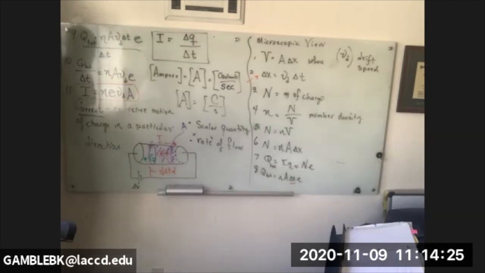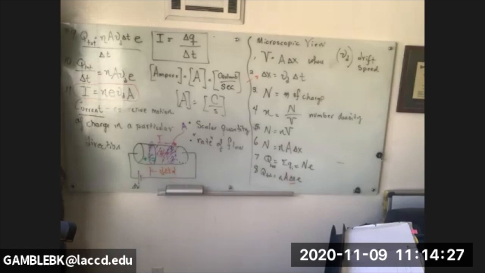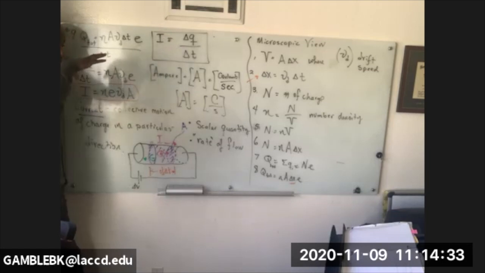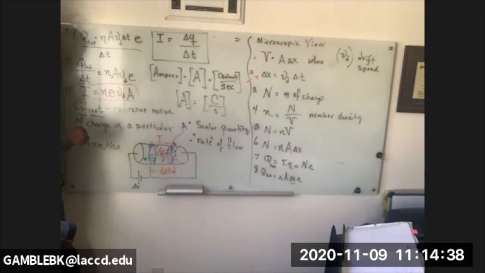So ultimately, we have two equations for current: the definition of current, which comes from a macroscopic, bird's eye view of the current, and then a microscopic view, which gives you a more true dependence of what the current is truly dependent upon relative to the wire.